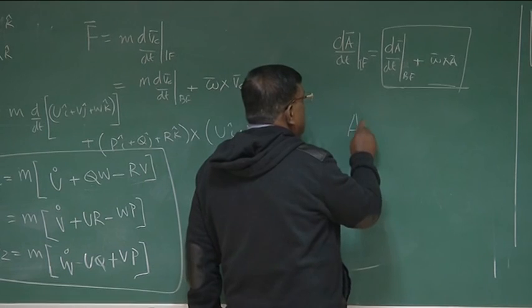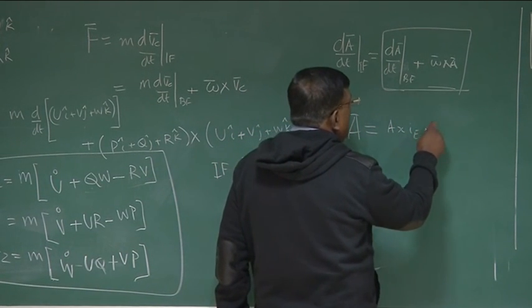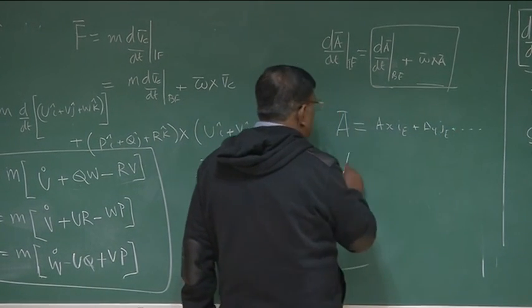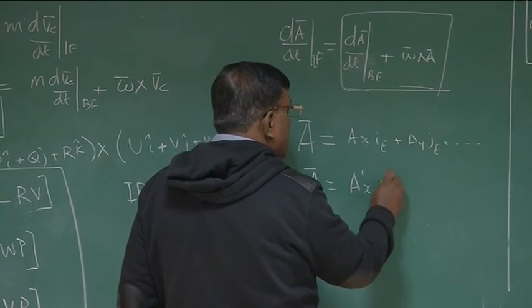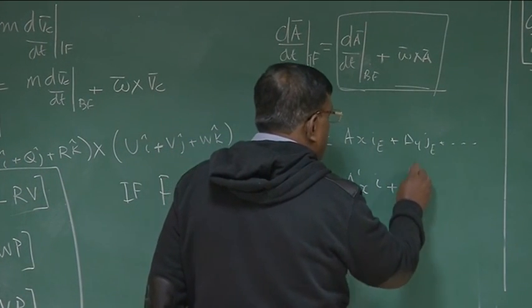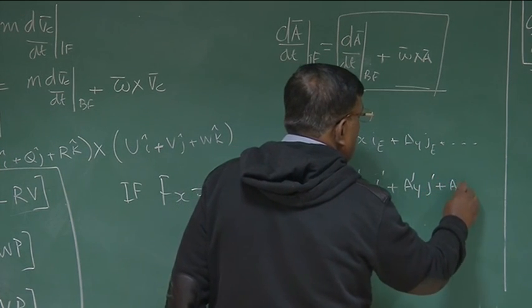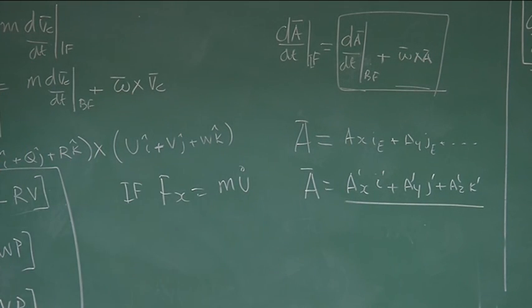We wrote A as Ax i_E plus Ay j_E plus like that. Similarly we also wrote A as Ax prime i prime plus Ay prime j prime plus Az prime k prime. So this is what we are doing.